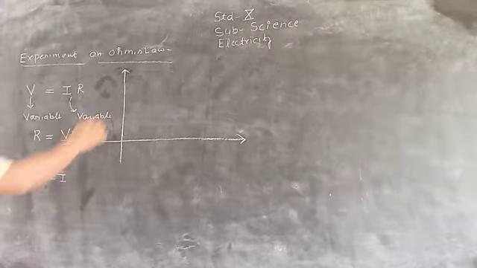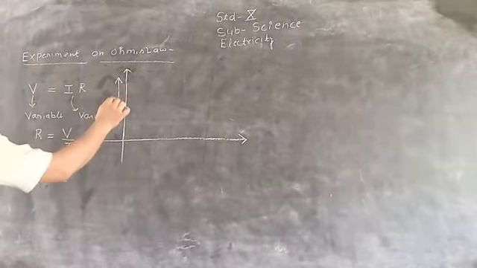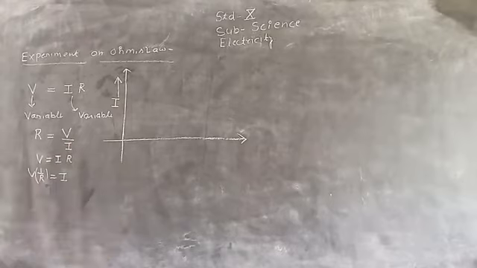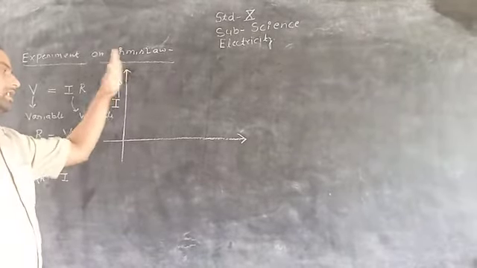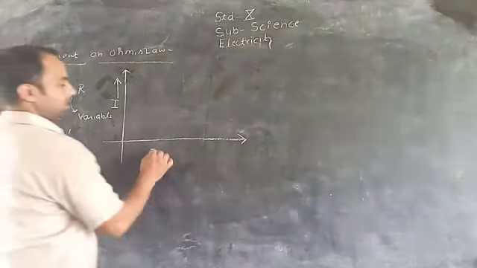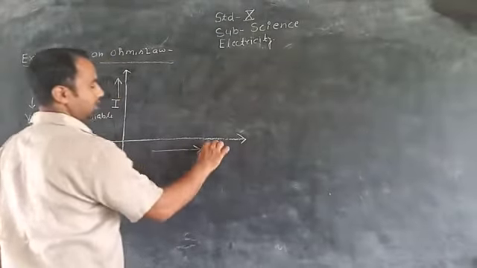Here we draw this axis to be taken as the current axis, and this axis is taken as the voltage axis.